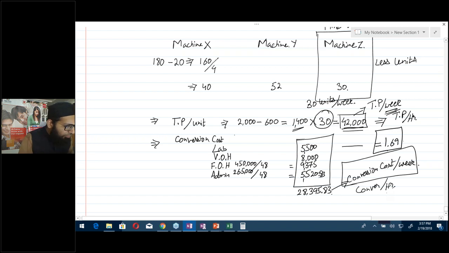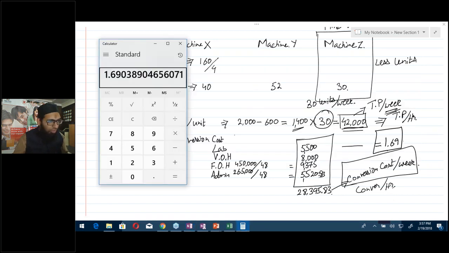Now, one of the students has asked me, why did you divide 48,000 by the conversion cost? Here I have divided 42,000 by the conversion cost, I think. Let me check. 42,000 divided by 28,395.83. Yes. Thank you, Talha. It was my mistake.